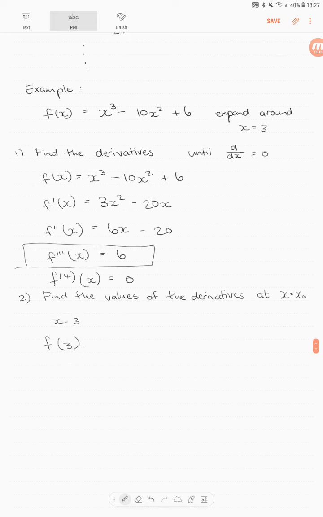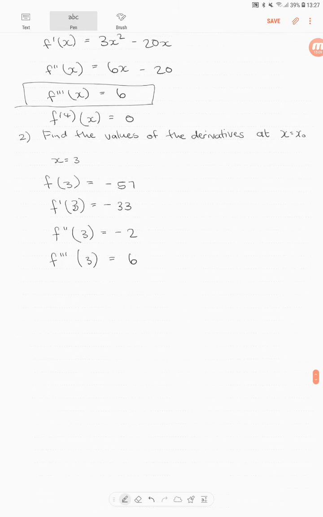So f of 3 is minus 57. f prime of 3 is equal to minus 33. The second derivative at 3 is equal to minus 2. And the third derivative at 3 is equal to 6. And now for our Taylor series.